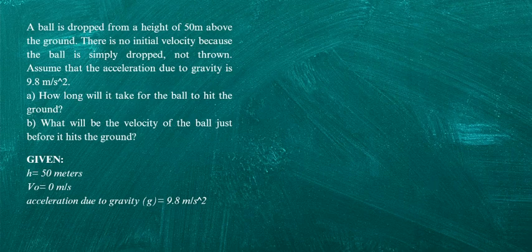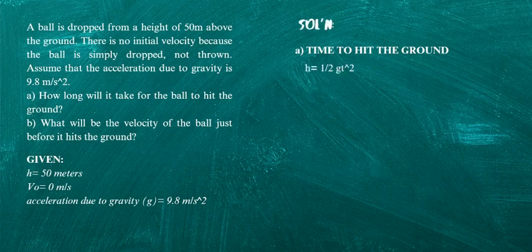So here's the given. Our height is 50 meters. Our initial velocity is 0 meters per second. And our acceleration due to gravity is 9.8 meters per second squared. To solve the first question, how long will it take for the ball to hit the ground? Let's use this formula.